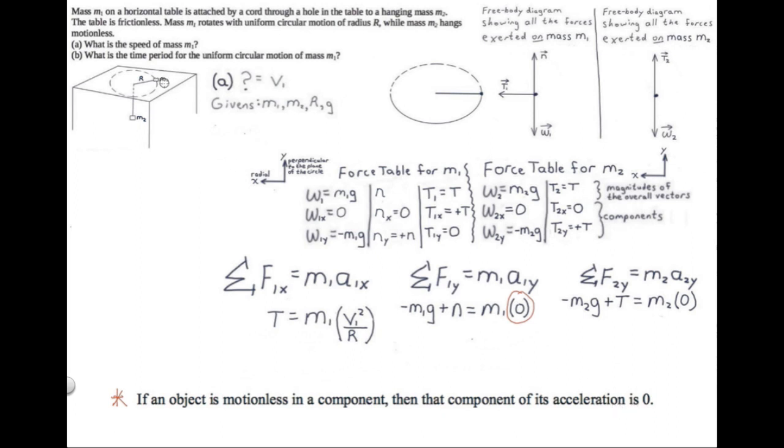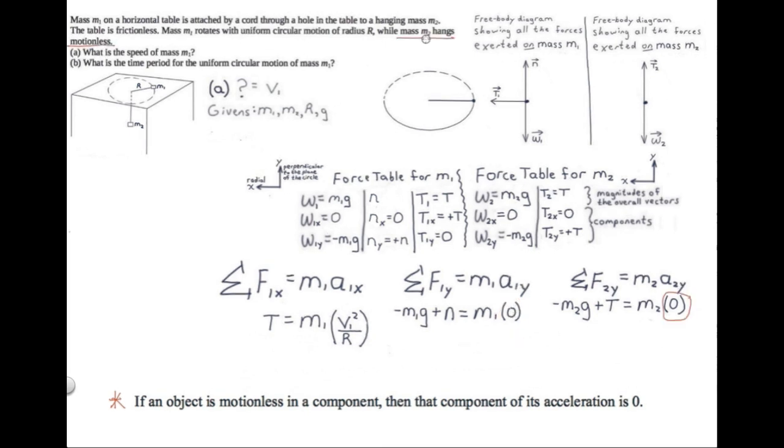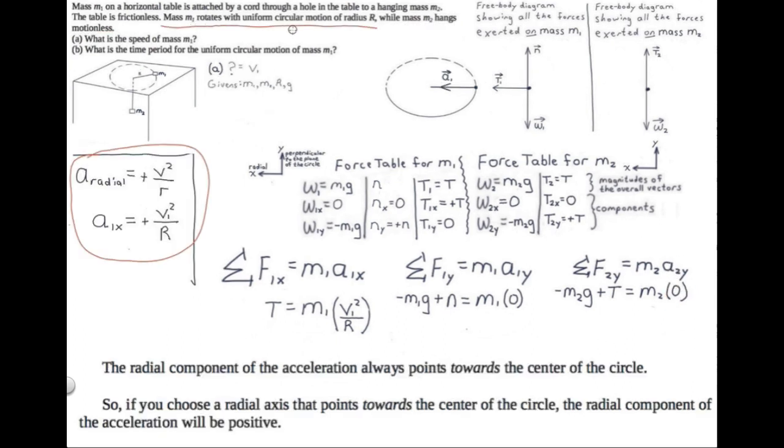Mass m1 is motionless in the y component, so we substitute 0 for a sub 1y. Object 2 is completely motionless in both components, so we can substitute 0 for a sub 2y. Object 1 is moving in a circle, so we can apply this formula for object 1. In this case, the x-axis is the radial axis, so the radial component of the acceleration is a sub 1x.